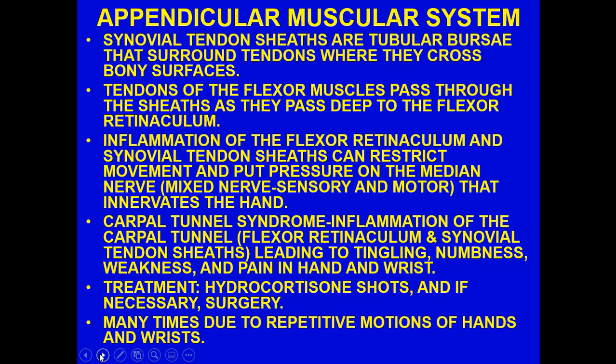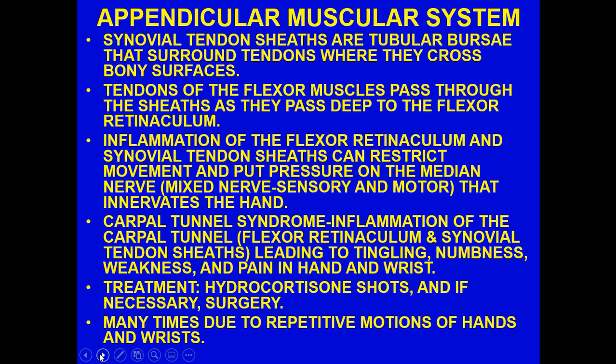Now, this is when we get into this retinaculum and carpal tunnel. When we talk about synovial tendon sheaths, they're tubular bursae that surround tendons when they cross bony surfaces. Tendons of the flexor muscles pass through the sheaths as they pass deep to the flexor retinaculum.